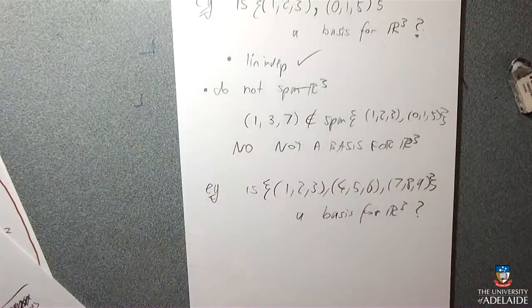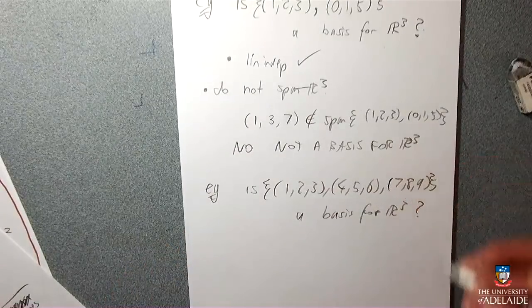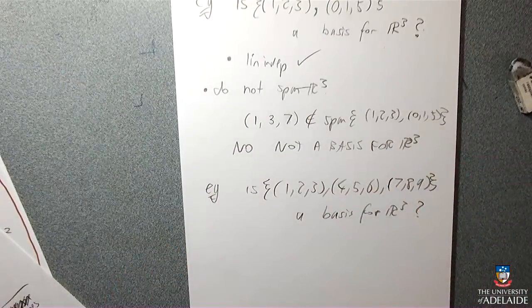Is that a basis for R3? So 1, 2, 3, 4, 5, 6, 7, 8, 9. Certainly got the right number of vectors.